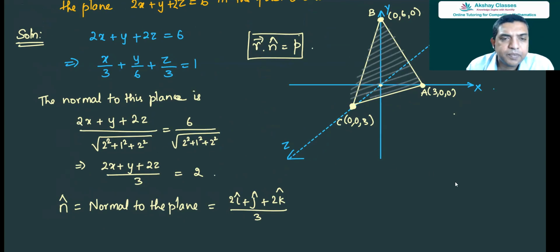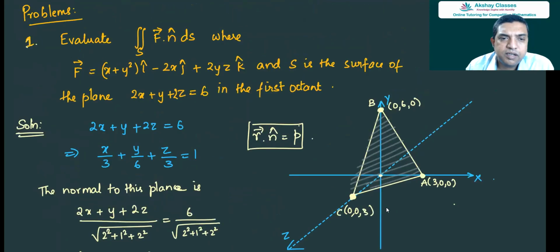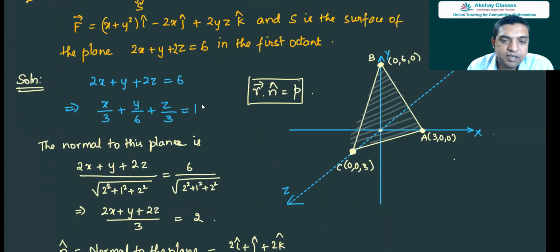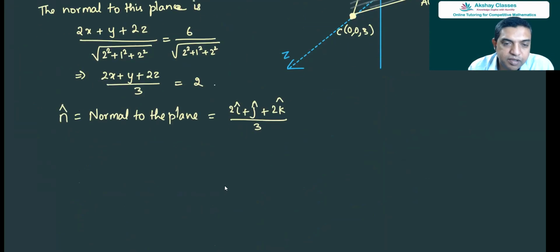Now given f, we have to do f dot n cap ds. Now n is constant, so that is not an issue, but however we need to convert. So let us first do it one by one.